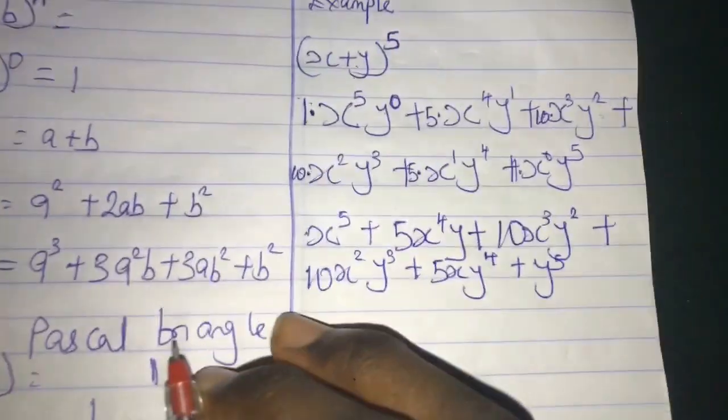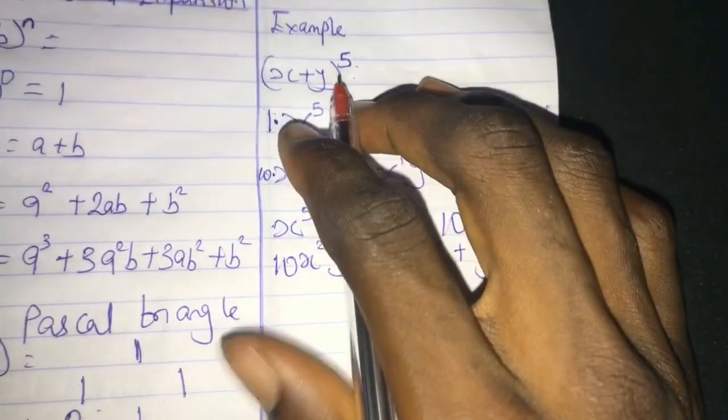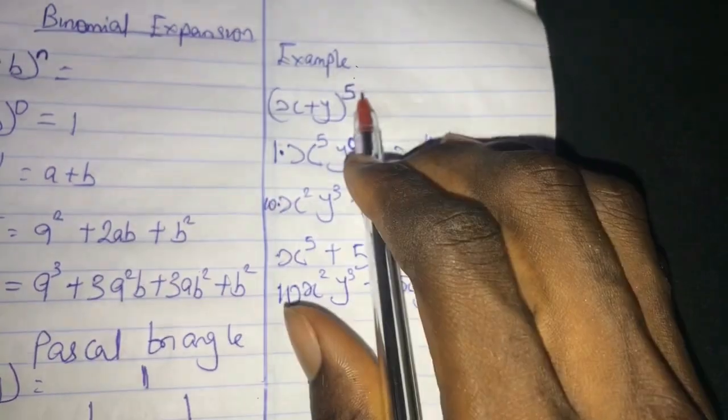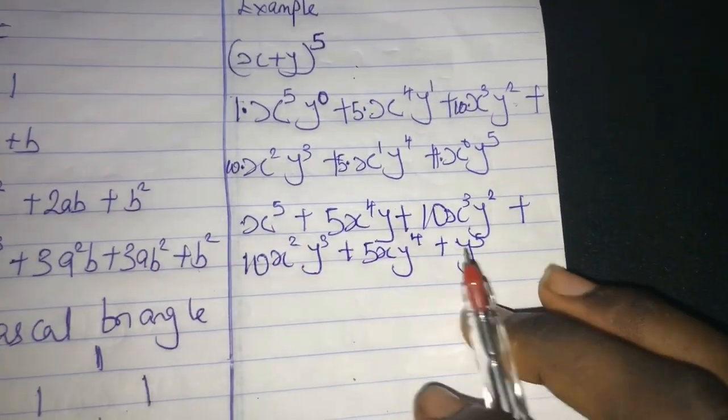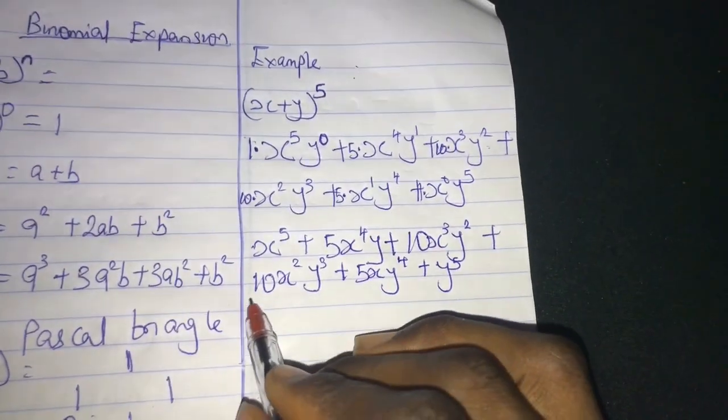So from my observation, it will start from x to the power of 5 and always end with y to the power of 5. So this is our final answer.